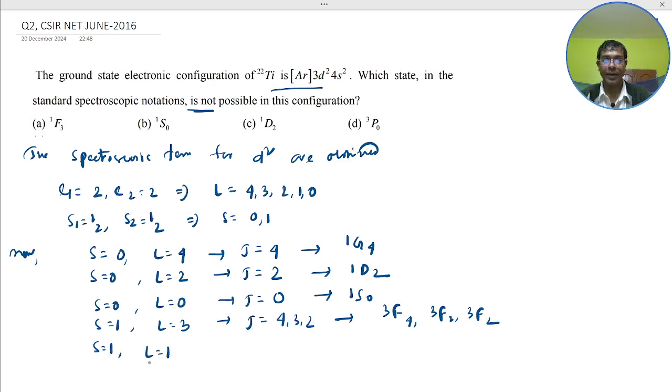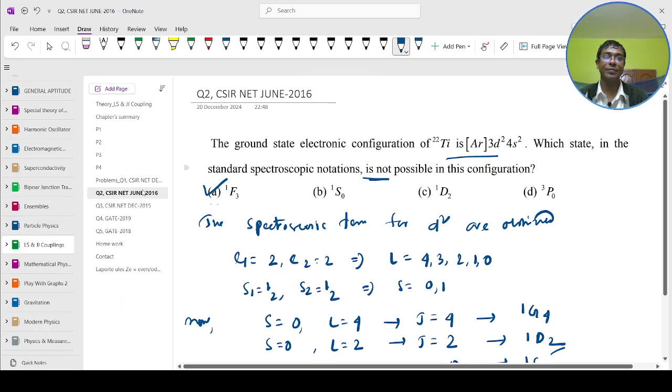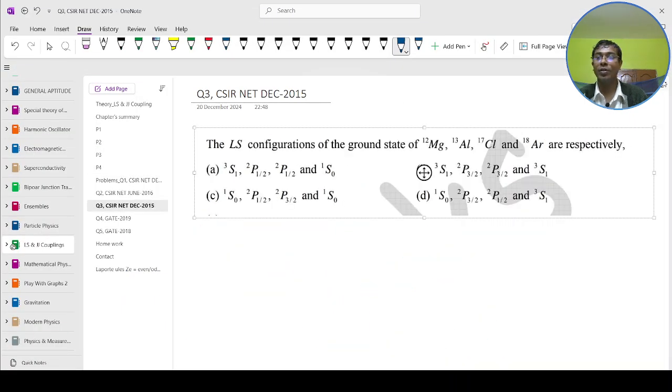S1 L1, J would be 2, 1, 0, and the spectroscopic terms 3P2, 3P1 and 3P0. So 1S0 is here, 1D2 is here, 3P0 is here, so 1F3 is not possible, so A would be our correct answer.